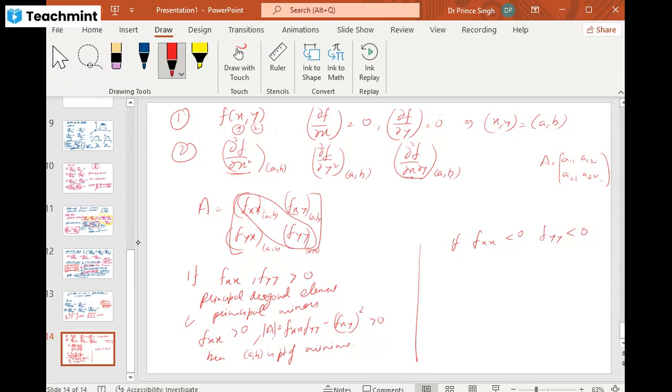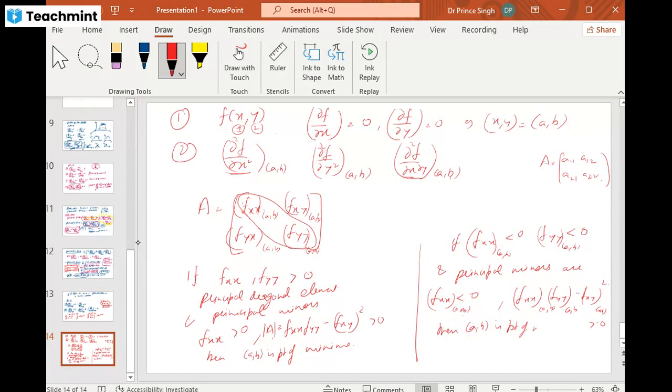So if they are negative and the principal minors are of alternate sign, that is f of xx less than 0, then f of xx f of yy minus f of xy at the point AB square is greater than 0. So negative, positive, alternate sign. Then AB is the point of maximum.